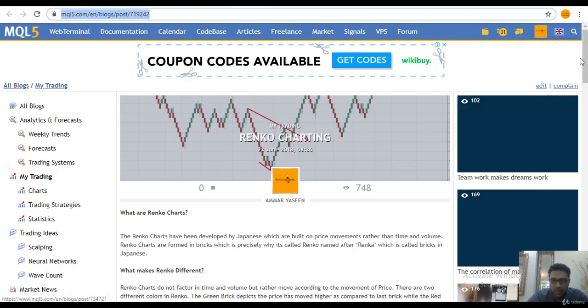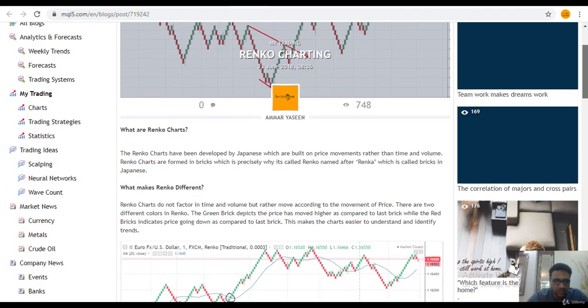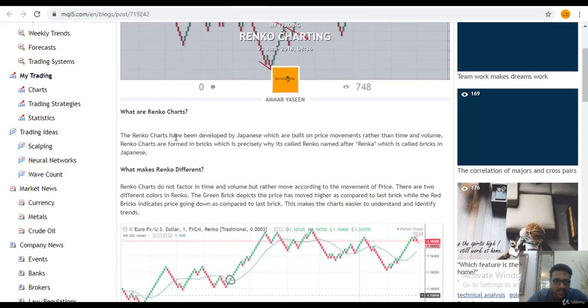So let's move forward and see what Renko charts are. The Renko charts have been developed by the Japanese, and are built on price movements rather than time and volume. So the Renko charts are basically charts that do not take into account time and volume.